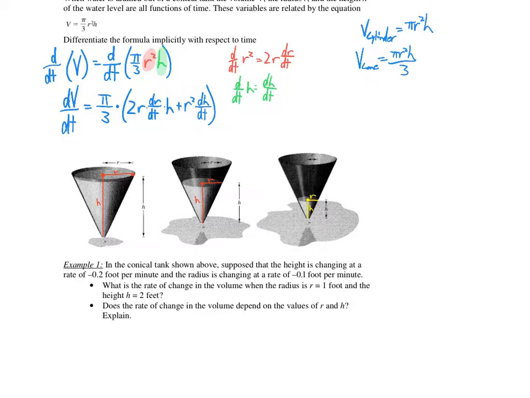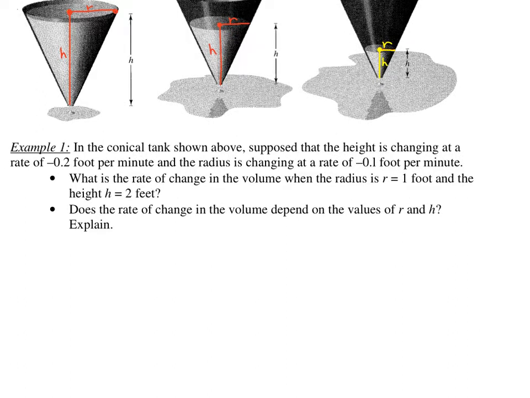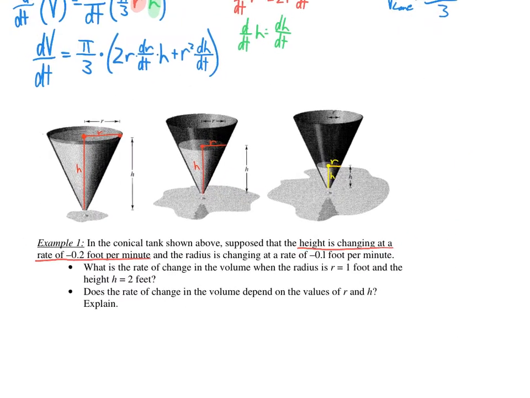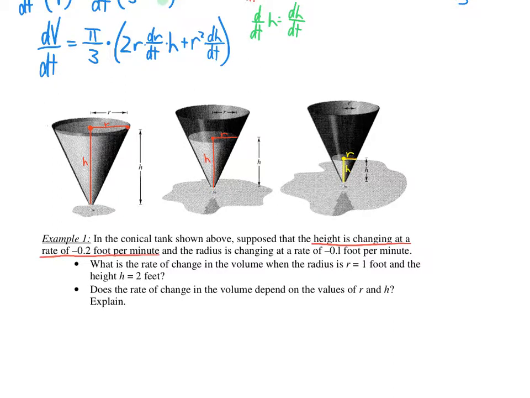Look at what I mean. The height is changing at a rate of -0.2 foot per minute. Looking up here at the derivative, what did they actually give us? What value does that correspond to in the formula up there? Yeah, dH, height is changing, dt.